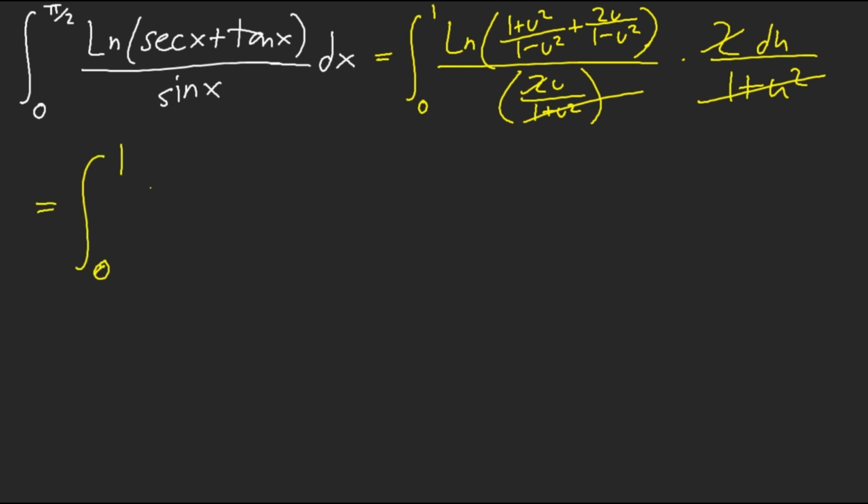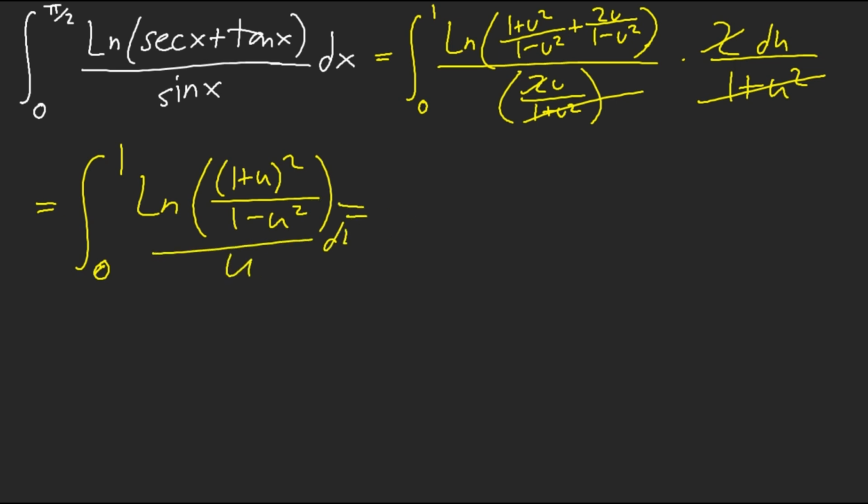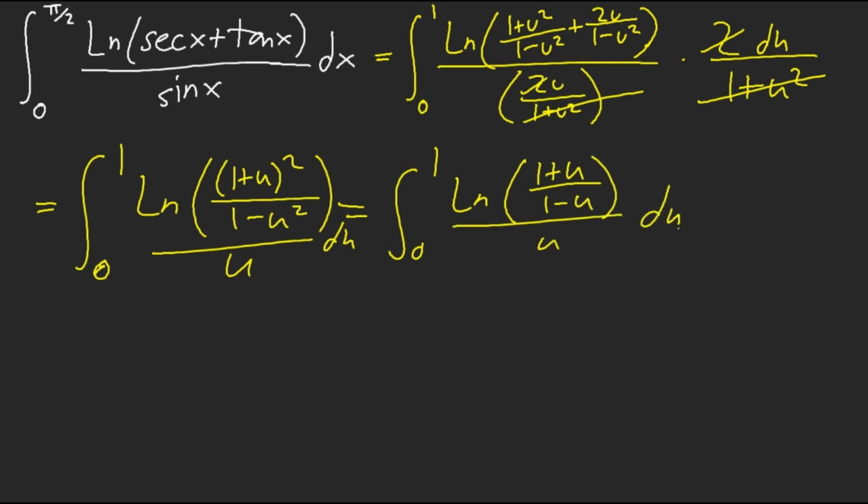This looks oddly familiar. 1 plus u squared, 1 minus u squared, over u. This is equal to ln of 1 plus u over 1 minus u. Wait a minute, what is this?